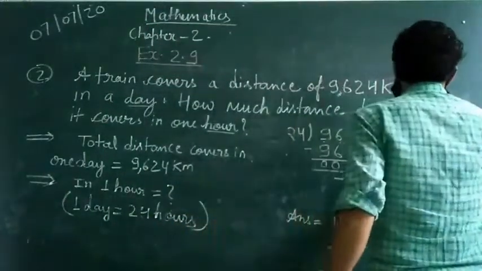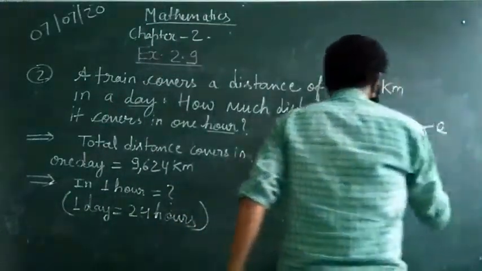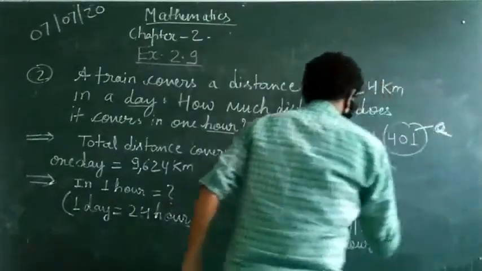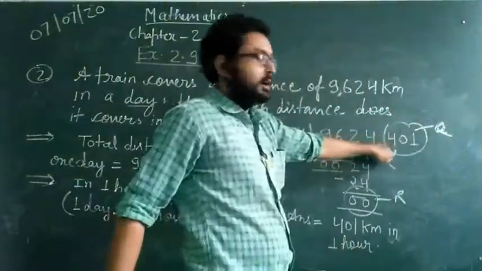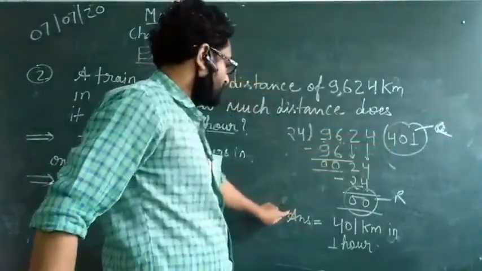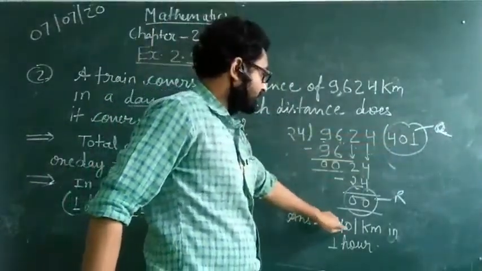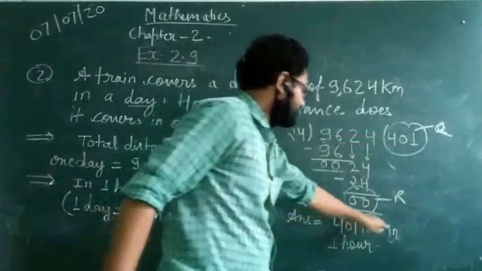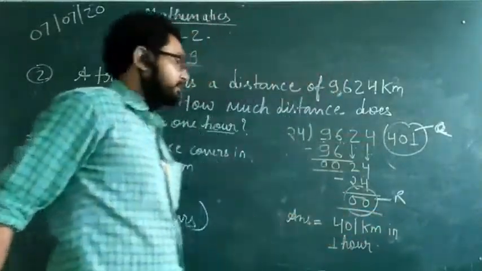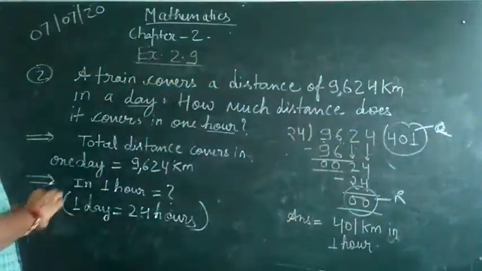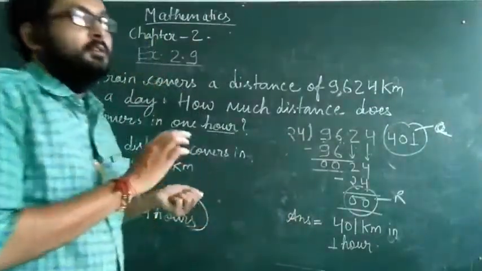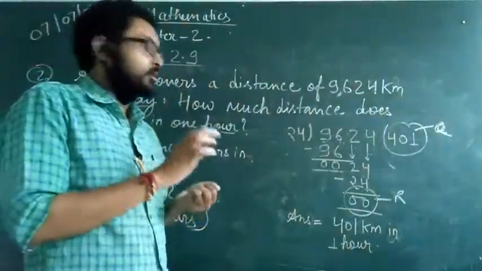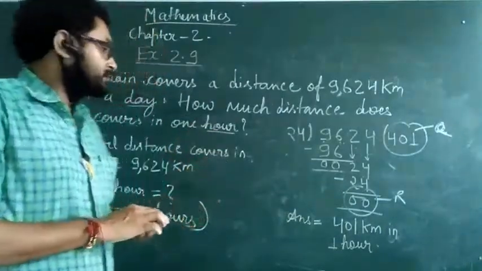So this is the quotient and the remainder is 0. The quotient is the answer, so the answer is 401 kilometers in 1 hour. The train covers 401 kilometers in 1 hour.